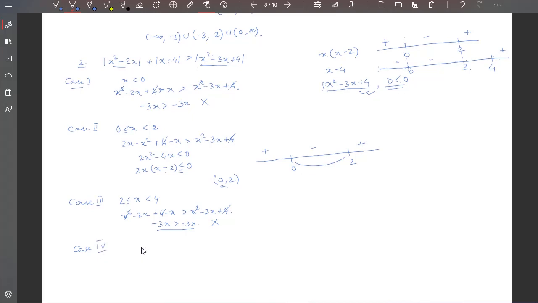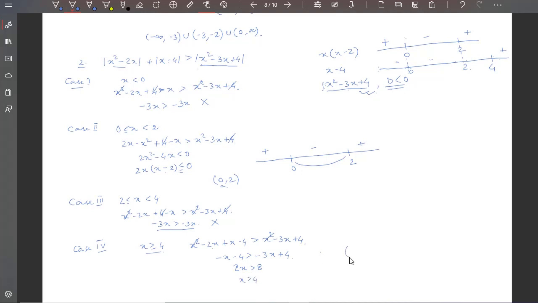When x is greater than or equal to 4. Here all this thing will be positive, so it will be x square minus 2x plus x minus 4 greater than x square minus 3x plus 4. x square will be cancelled out, and so it will be 2x is greater than 8, x greater than 4.